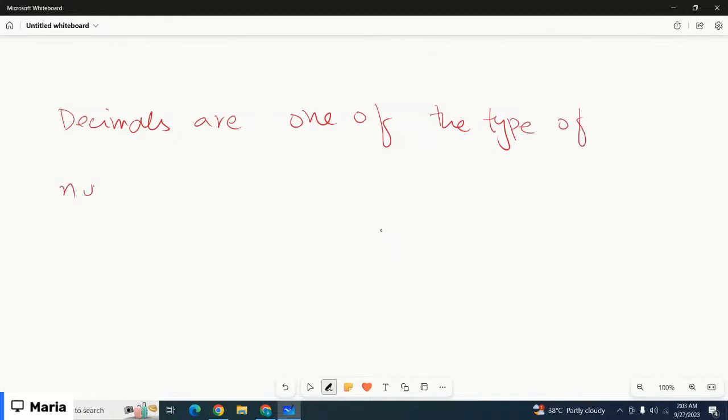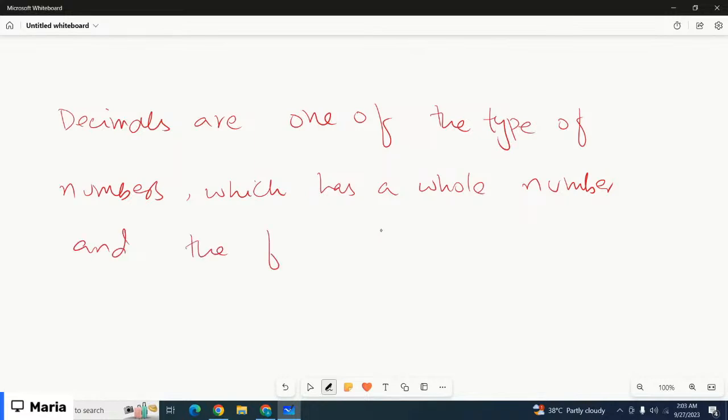Decimals are one of the type of numbers which has a whole number and the fractional part separated by a decimal point.